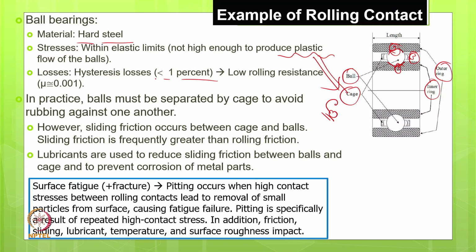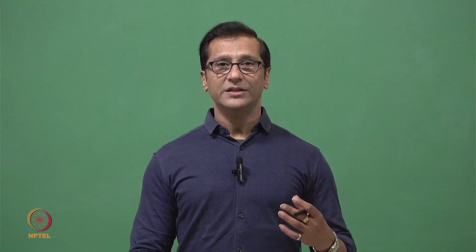And whatever material they choose, they generally have very low hysteresis loss, far lower than 1%, and they are able to maintain the coefficient of friction at 0.001 because of the hysteresis. However, if there is a misalignment, again the coefficient of friction will increase. So it's not easy, and we know that perfectly aligning the bearing really requires a sophisticated tool.